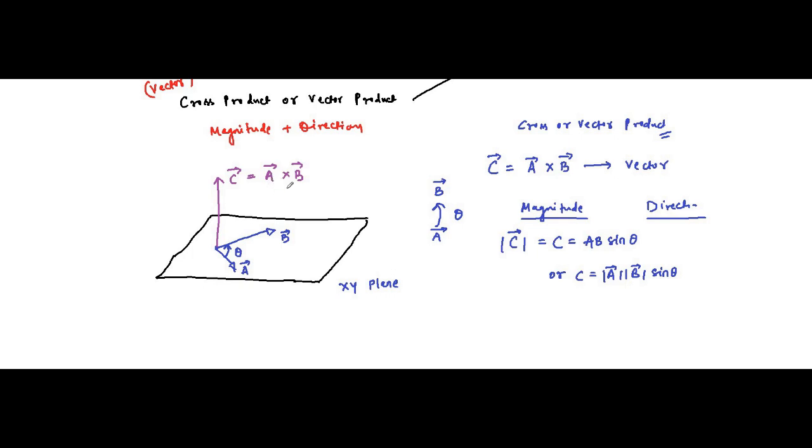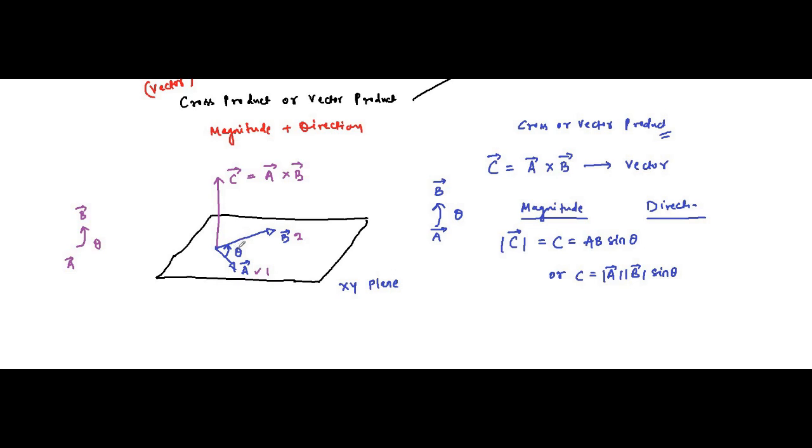So here the first vector is A vector, and B vector is second, and that's why the direction of the angle theta is like this, from A vector to B vector, as if it is trying to rotate A vector in the direction of B vector.